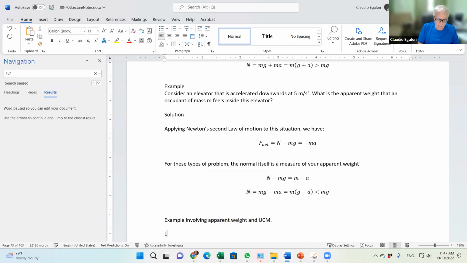A Ferris wheel of radius r, rotating, undergoing uniform circular motion, UCM.